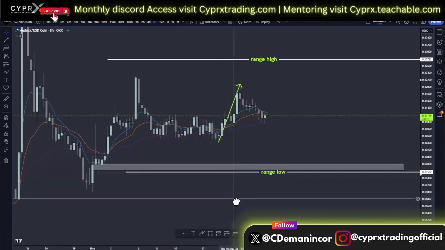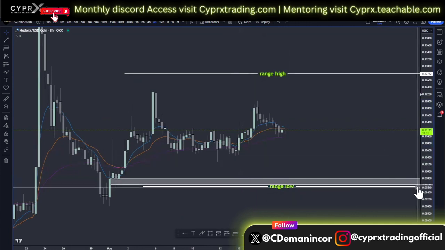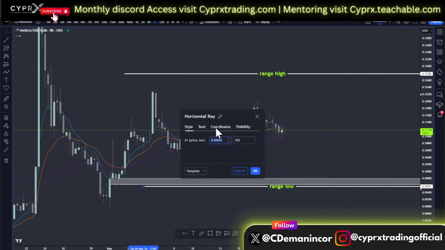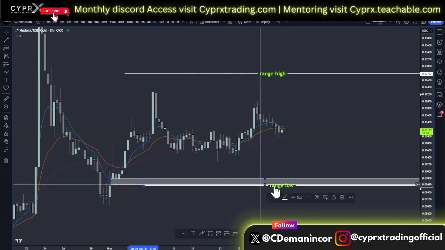Okay. So that's going to be our range low. So we can go over, and that's going to put us at roughly, let's round that off, around the 0.96 key psychological level, right snug and tight beneath the range low via the deltas.